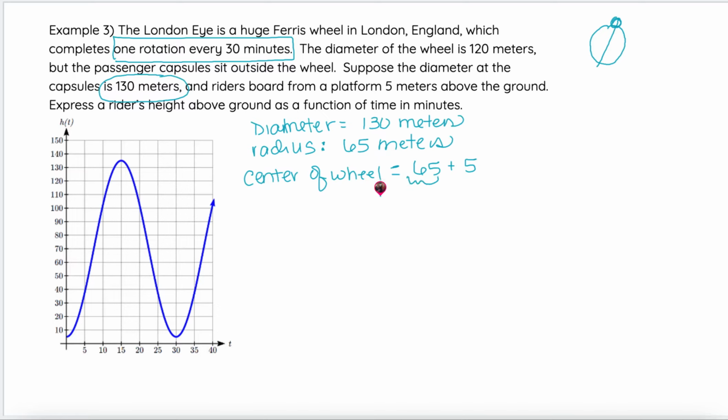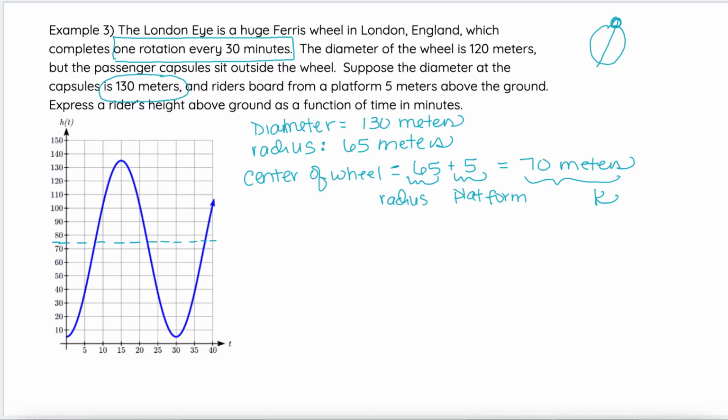So the 65 represents the radius, where the 5 represents the platform. So this represents 70 meters. And this is representing our midline. When I'm looking at the picture that they provided to us, I do see that our midline is here, where the center of our circle is sitting.